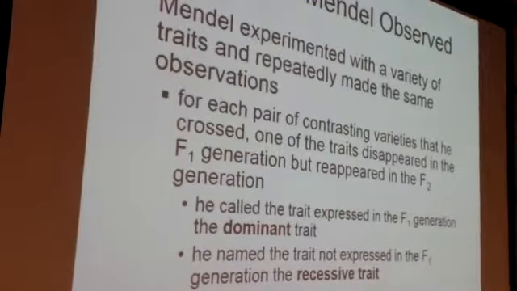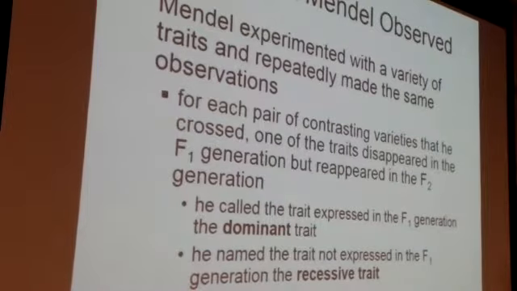Okay, so this is the P generation. In the F1s, nothing but purple. That tells him which one is dominant, and it's purple. So the dominant trait is the one that is called expressed. That's the one that's expressed in the heterozygote.